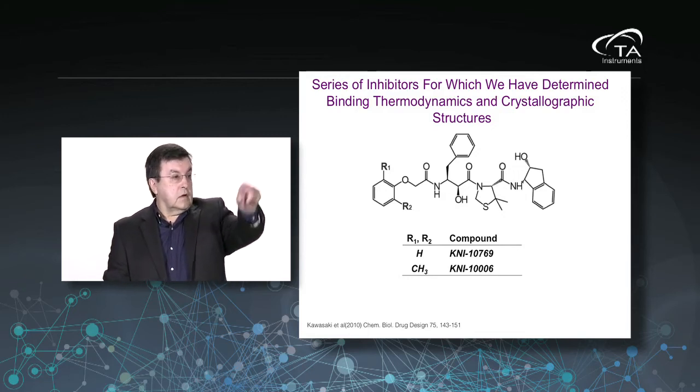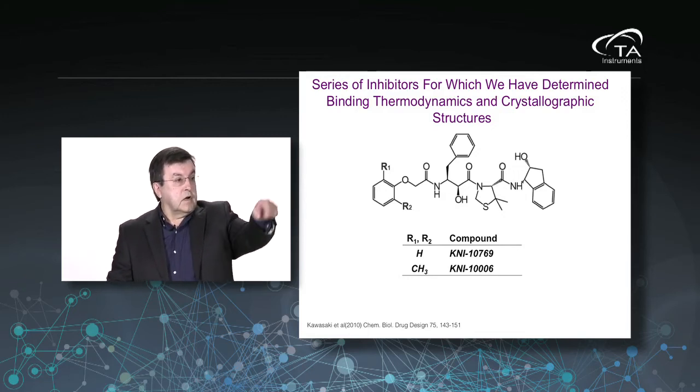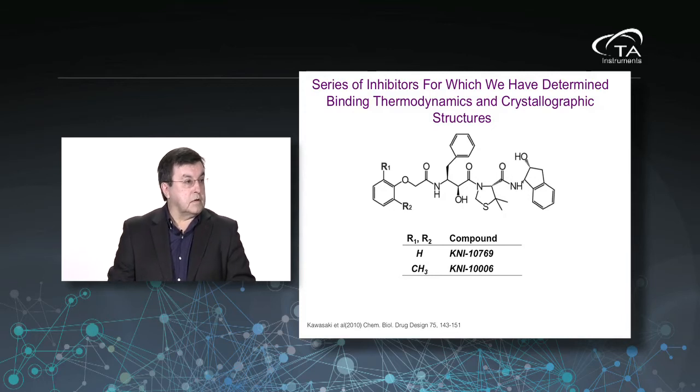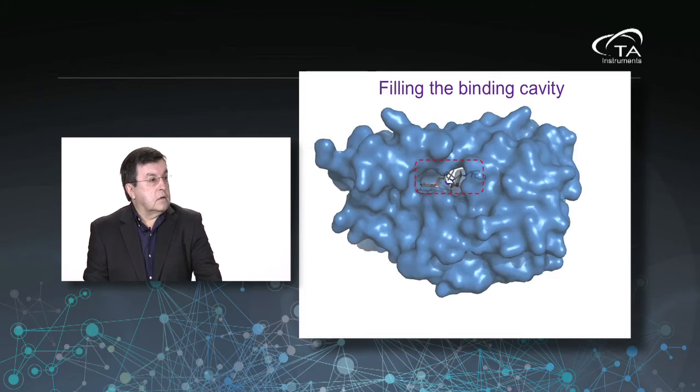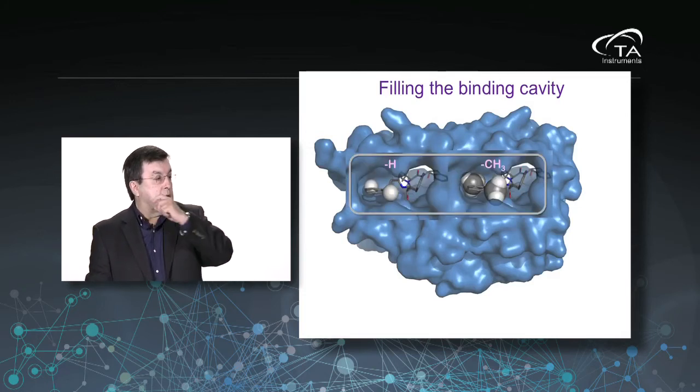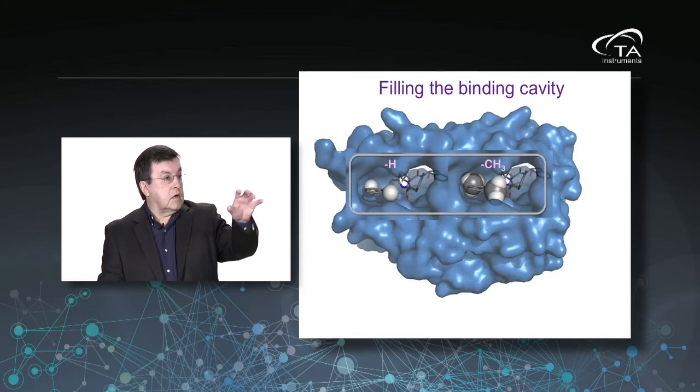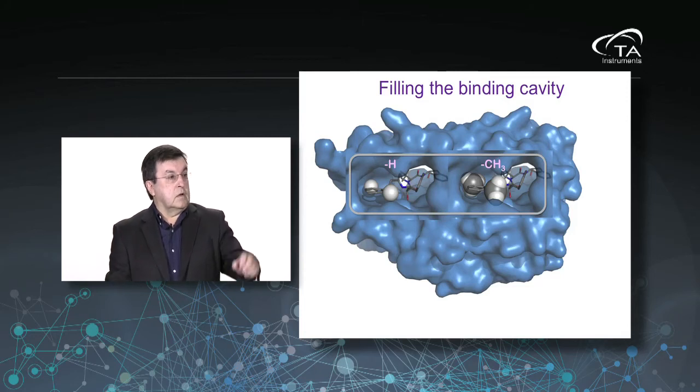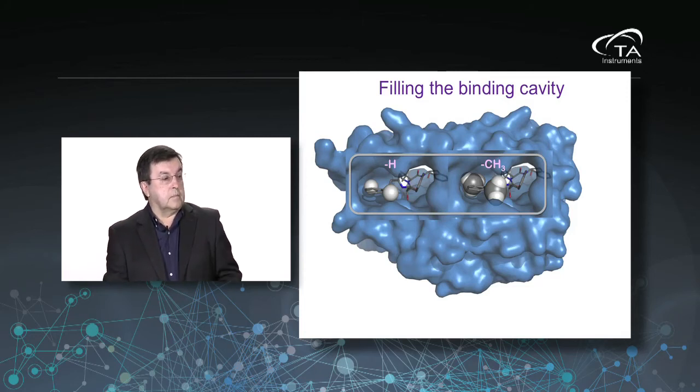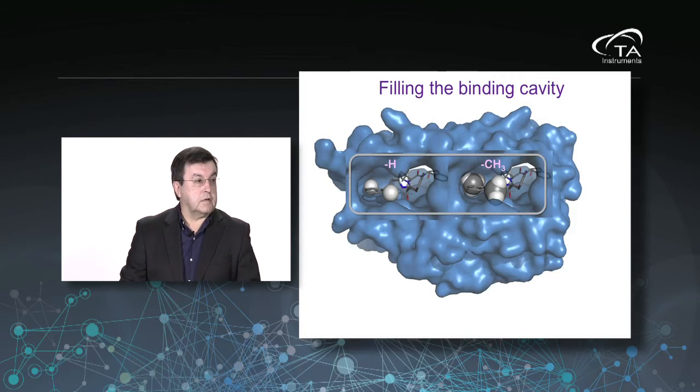So we have exactly 1 compound in which R1 and R2 are either hydrogens or methyl groups. Those groups are in a cavity in the binding pocket. The hydrogens don't fit the cavity well. With the methyl groups, there is an extremely tight, perfect fit.